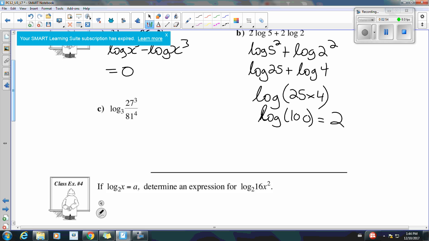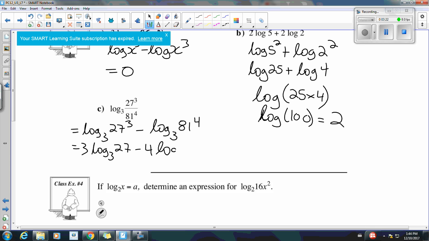Next one, kind of hard to evaluate like this, so we can split it into 2 separate logarithms. We need to subtract them because there was division here. So we can make it that. Now we can bring those exponents out front. Sorry, that should be of 81.